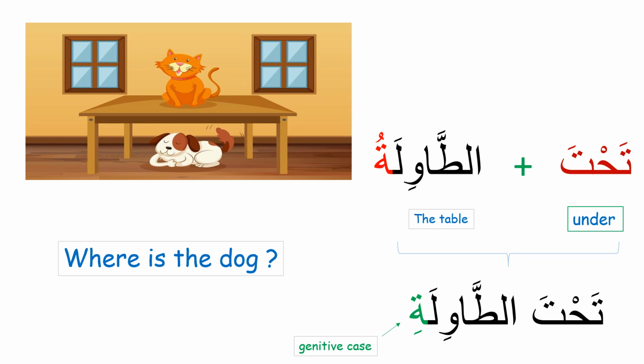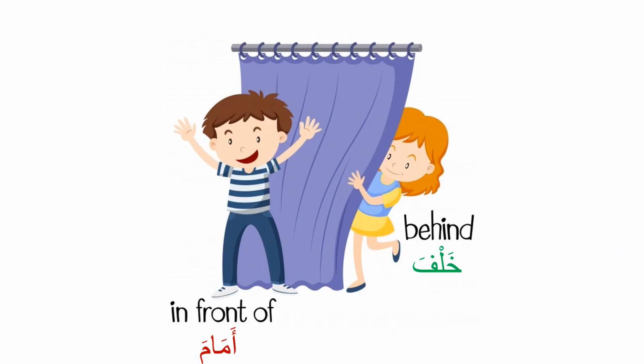Moving on to the next couple of adverbs and to another picture as well. The girl here is behind the curtain and the boy is right in front of it. We call the curtain الستار in Arabic. One more time, الستار. And here you can ask, why did we choose the definite version of the noun in both examples?